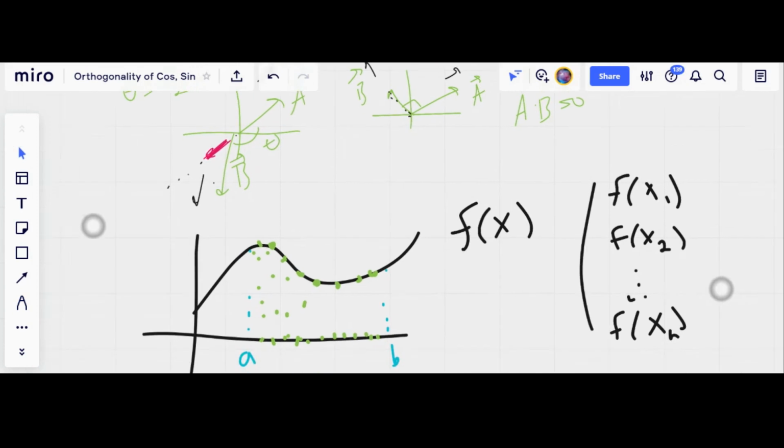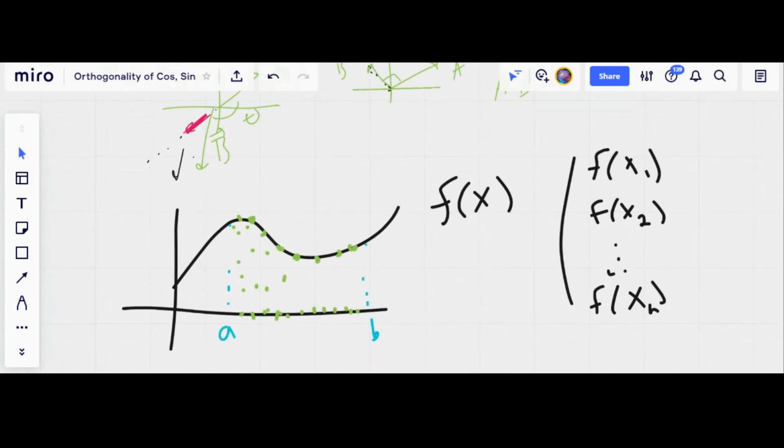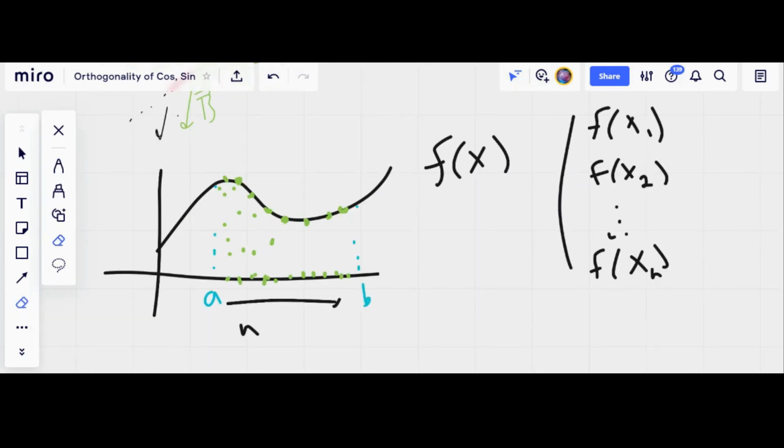Let's just say that we have n total points between this interval here. So here we're going to have n points. Now, obviously, I can't give you an infinite number of points, right? I can only give you a finite number of n points.